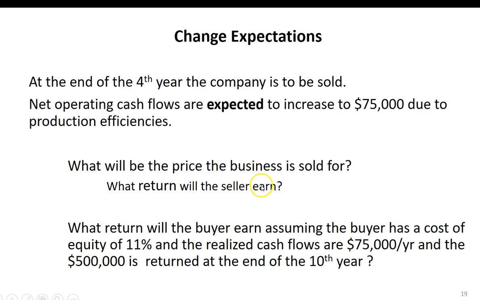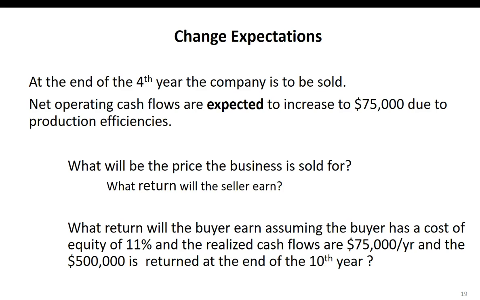Now let us change expectations to start to understand how expectations or changes in expectations impact value. Similar as before, the company is to be sold at the end of the fourth year.